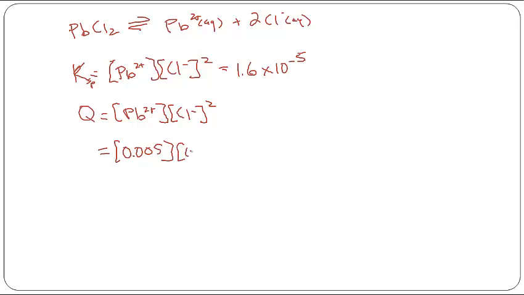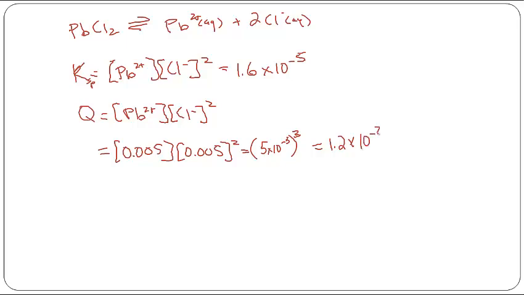And your Cl- is also that, but it's squared. So really we get 5 times 10 to the minus 3 cubed. Which I don't know what that is off the top of my head, but I know you guys have calculators that you can solve these wonderful mathematical. That doesn't help me either. 1.2 times 10 to the minus 7th.